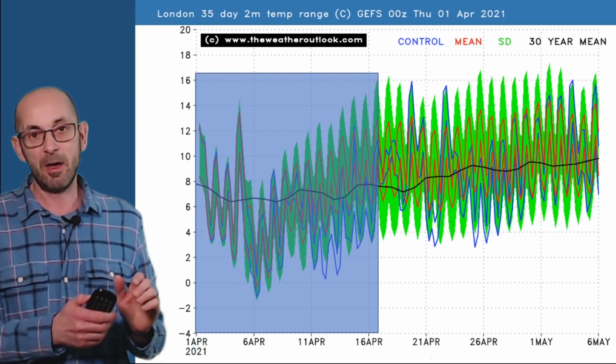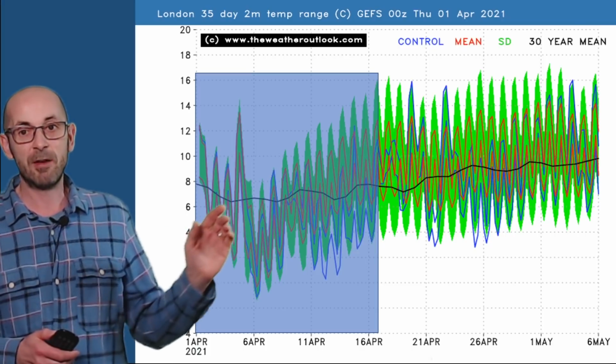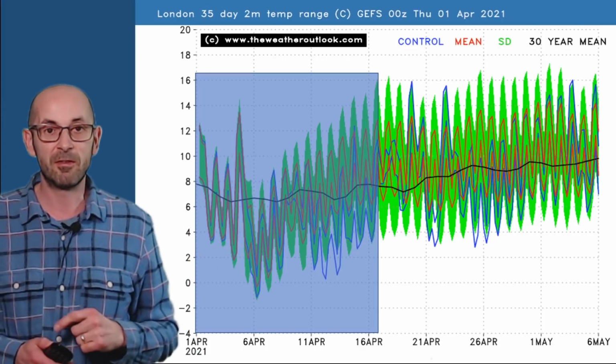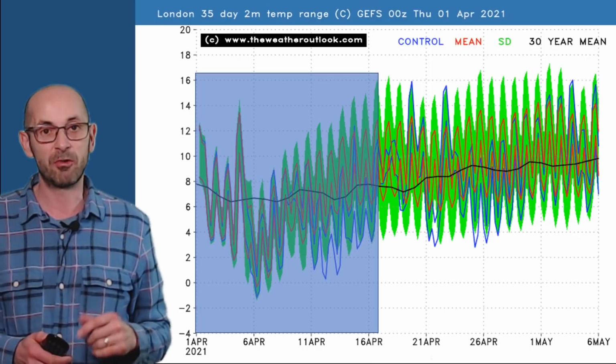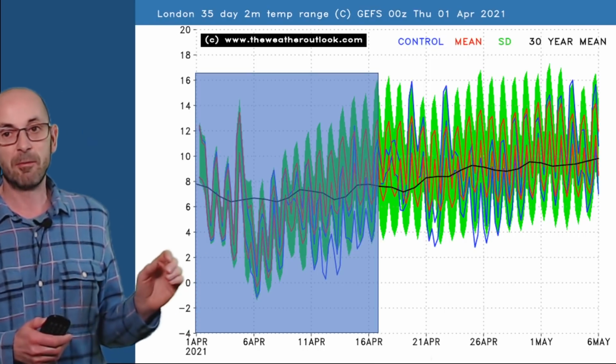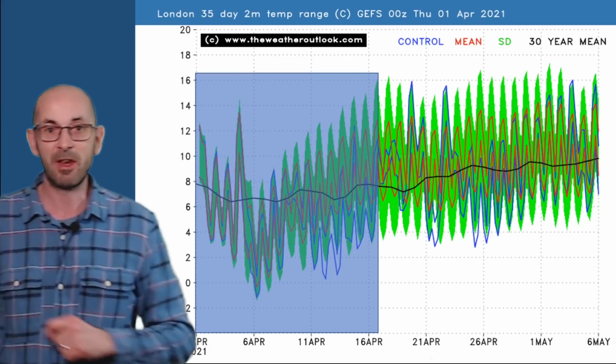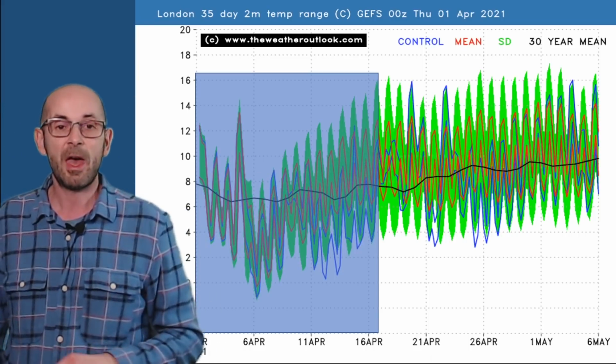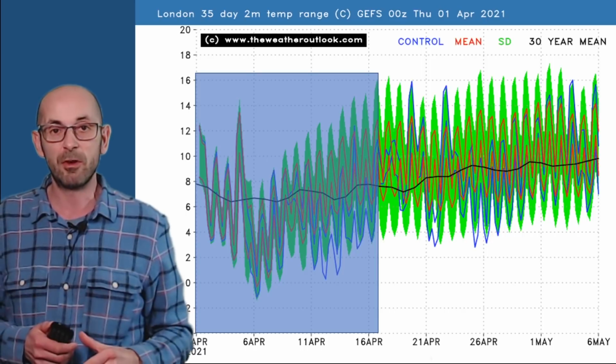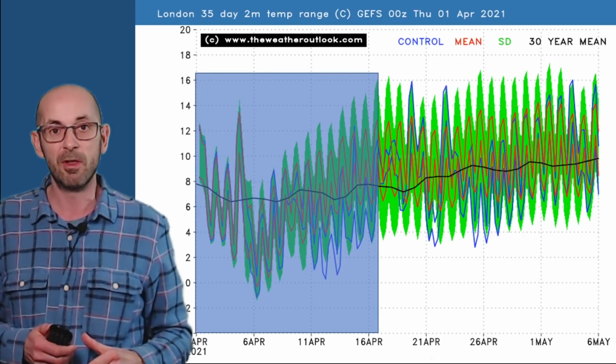I've covered up the first half of this plot because it's relating to the first half of April, which I've discussed already. The area to focus on is the bit over there, which hasn't been covered, and this is the 2 metre temperature trend plot for London.